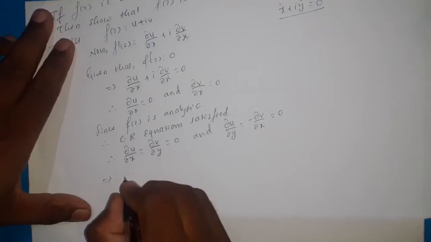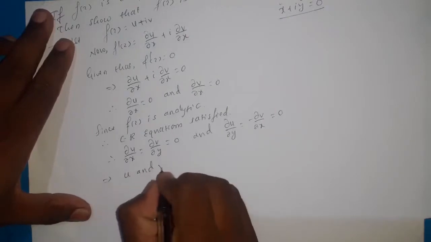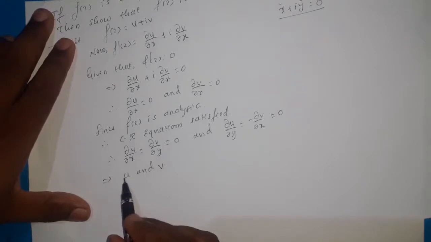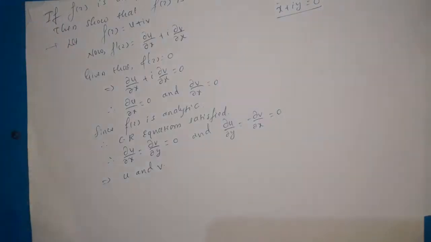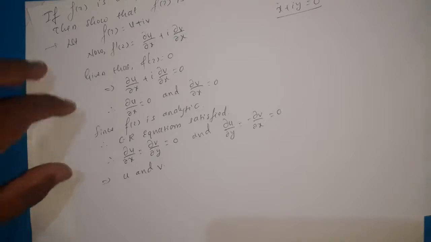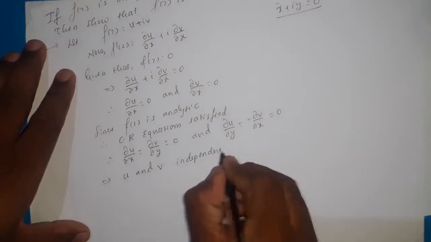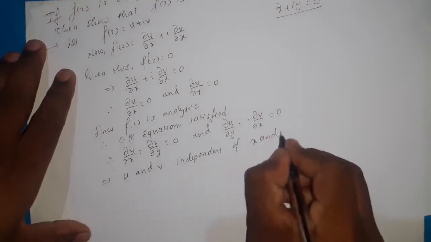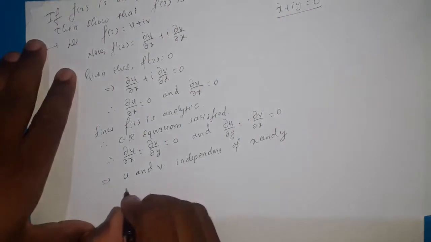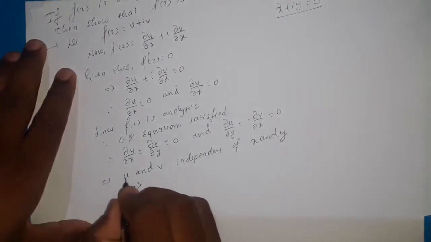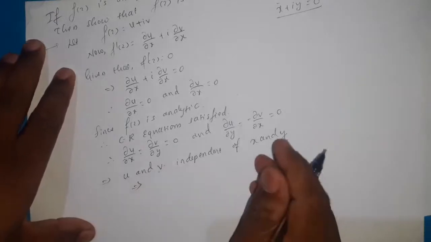It implies that, because the partial derivatives with respect to x and y of u and v are equal to 0, the functions u and v are independent of x and y.